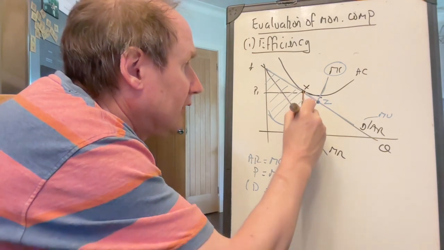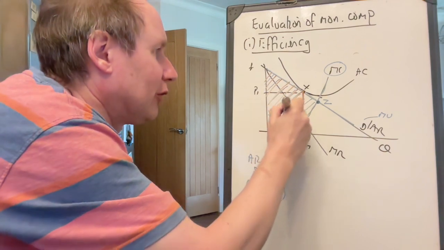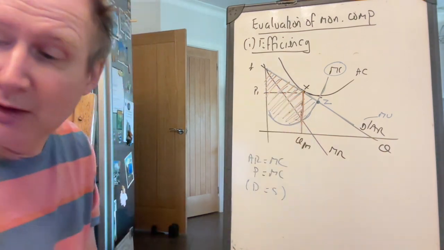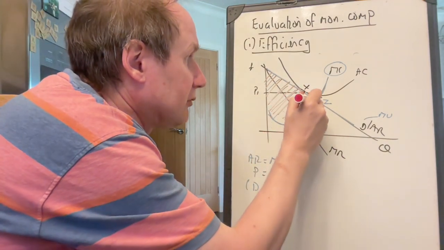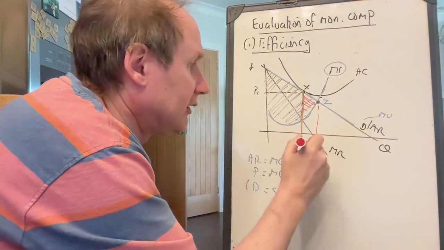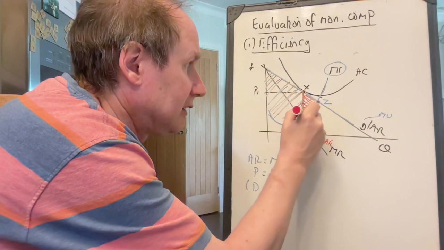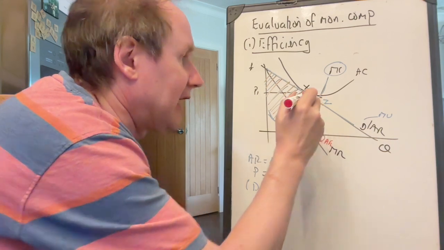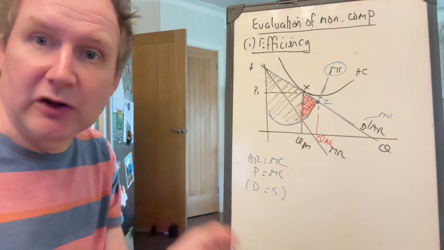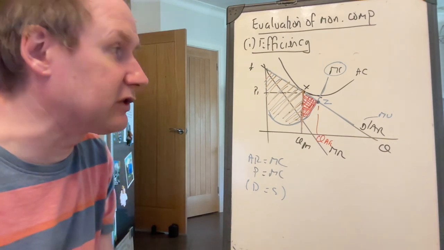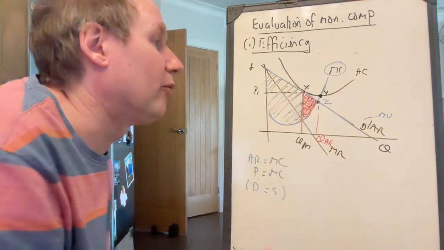We do get the welfare from all the units up to that, but there is a welfare loss of this area here. We don't produce those units between the profit maximizing output and the allocatively efficient output, and therefore that area there is the welfare loss. And just for completeness, since we've done allocative and productive efficiency, allocative is there, productive, we call that point Y there.